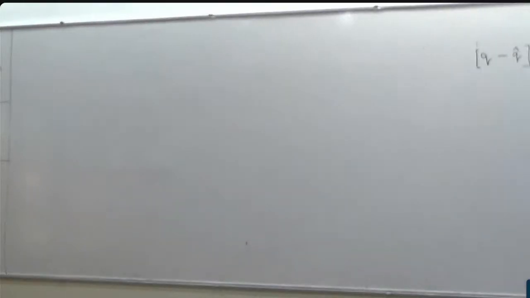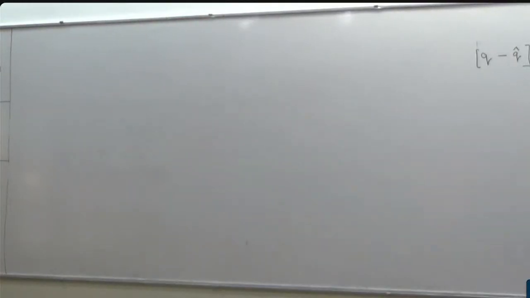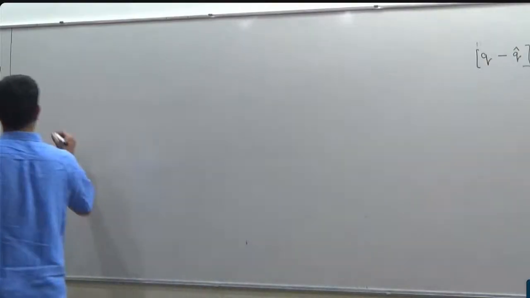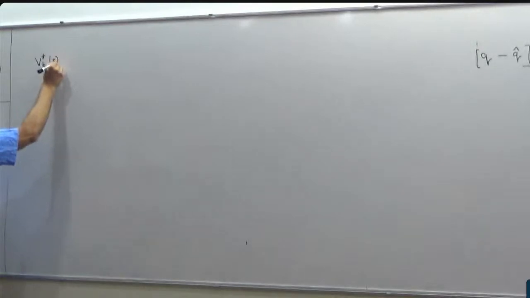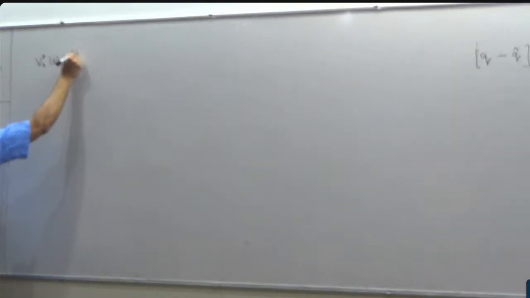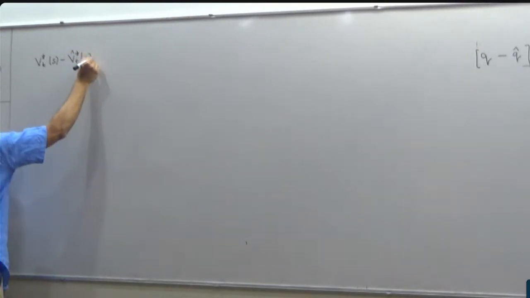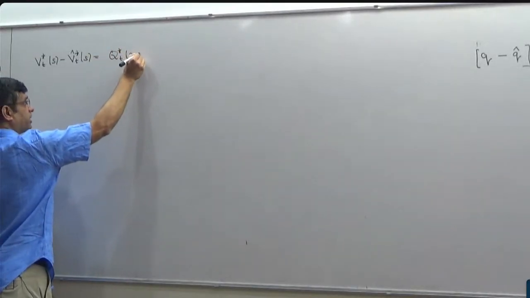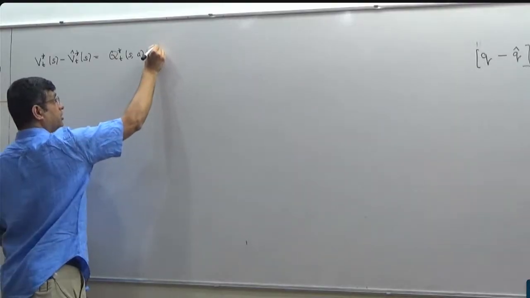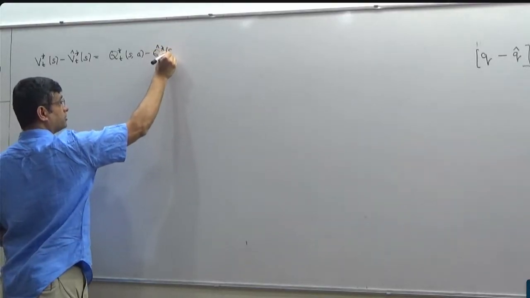I can also get a lower bound by the same argument. So I could have done v star t of S minus v hat star t of S with the same notation, which is q star t of S and A minus q hat star t of S and A hat.